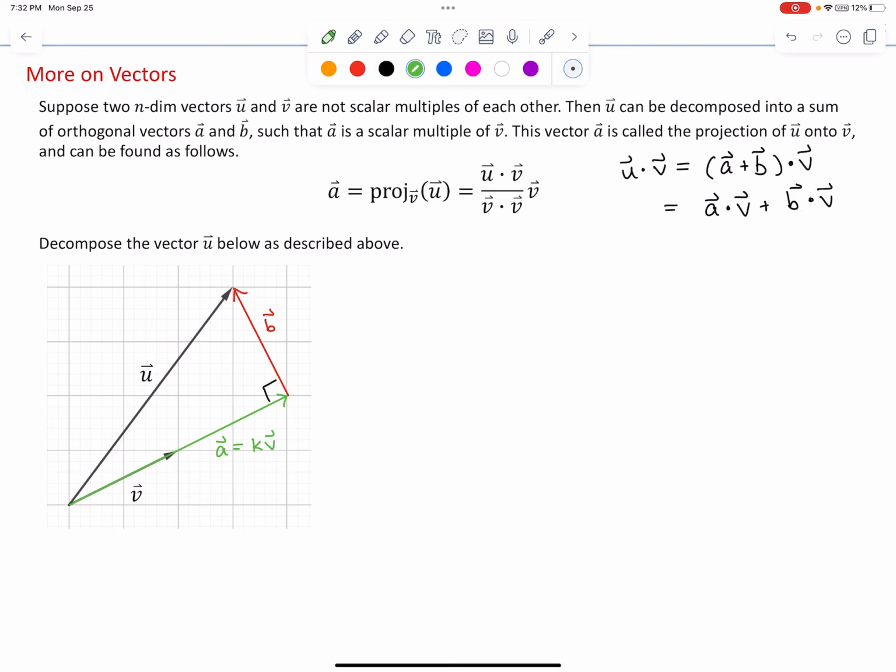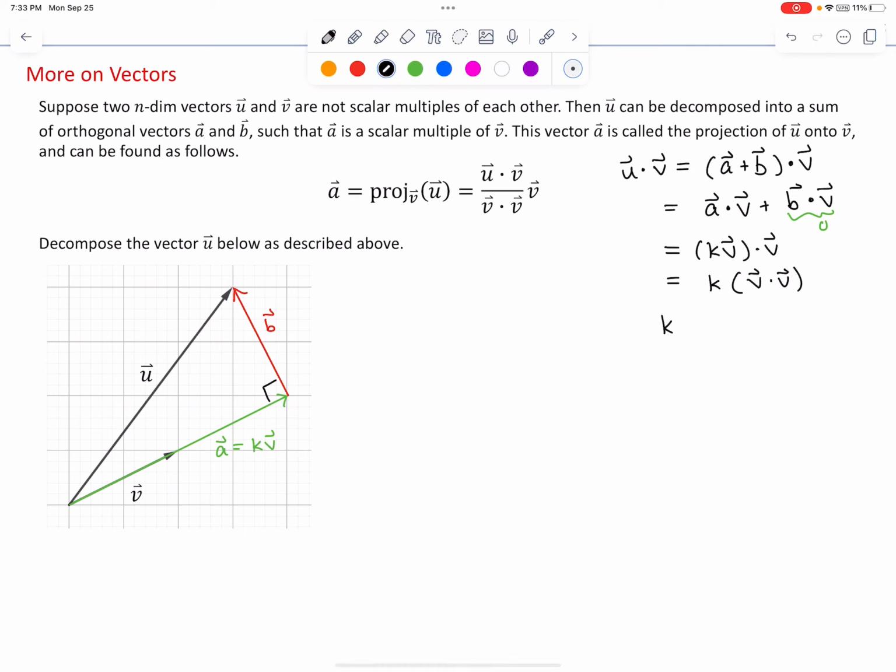Now we know that vector b and vector v have to be perpendicular, so this dot product will be 0. And we know that a is some constant k times the vector v. The property of a scalar multiplying a vector and then doing a dot product is we can factor that scalar to the front and just do the vector v dot itself, and then solve this equation for k. So I'm going to divide this to the other side over here.